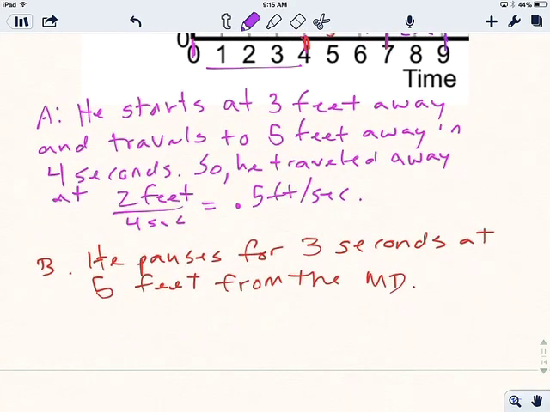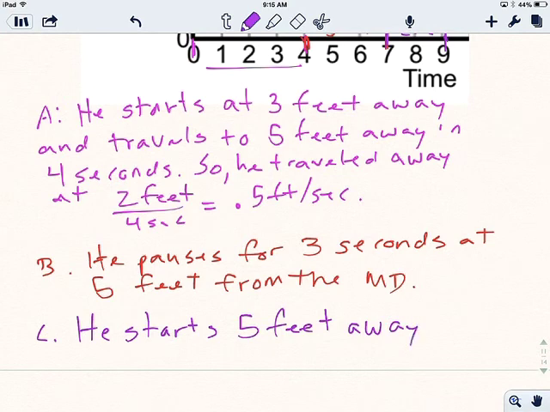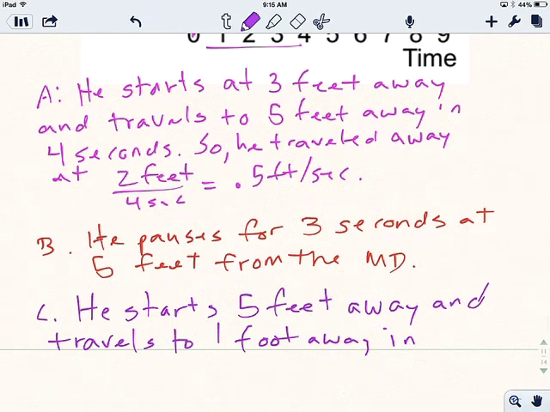So he starts 5 feet away and travels to 1 foot away in, we said 2 seconds.